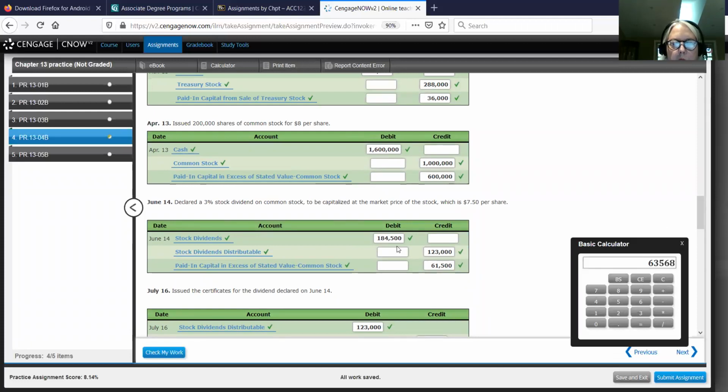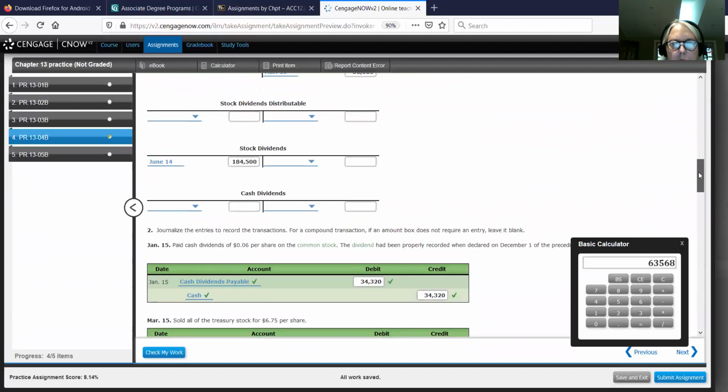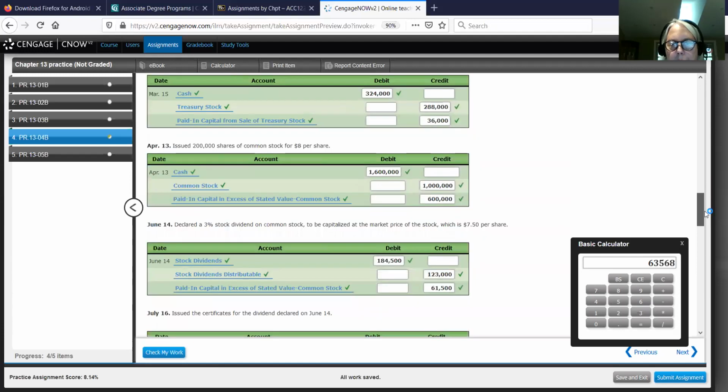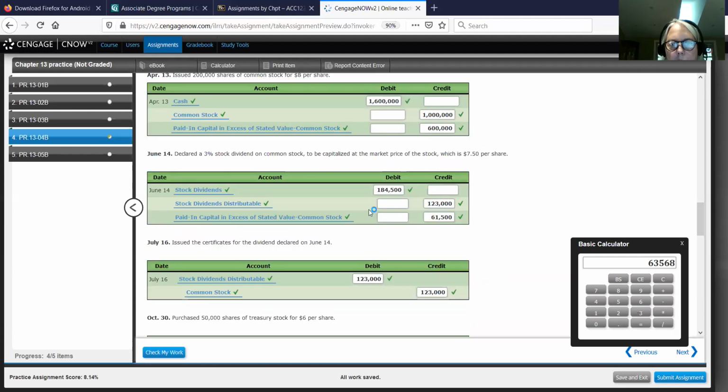My stock dividends distributable account would be credited for $123,000. And then I would have credited my paid-in capital in excess of stated value on the common stock for $61,500.